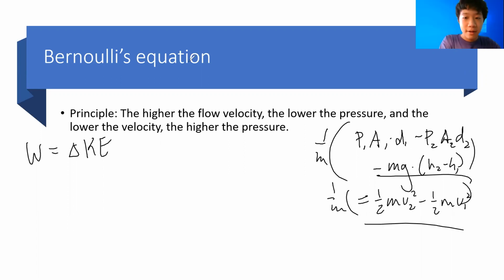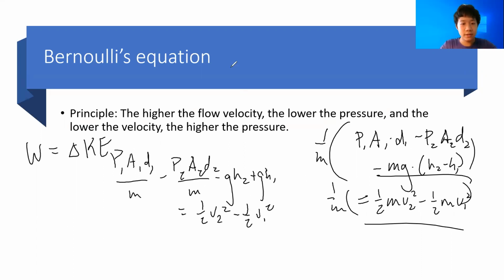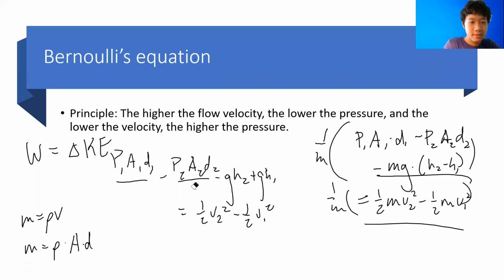So we're going to have P1 A1 D1 over m minus P2 A2 D2 over m minus g h2 plus g h1 equals 1/2 v2 squared minus 1/2 v1 squared. Okay, so now we can use m equals rho V, or m equals rho times A times D. So we can replace the m's in here with rho A D.